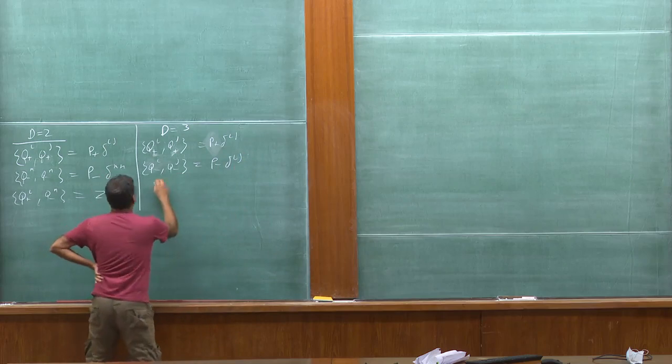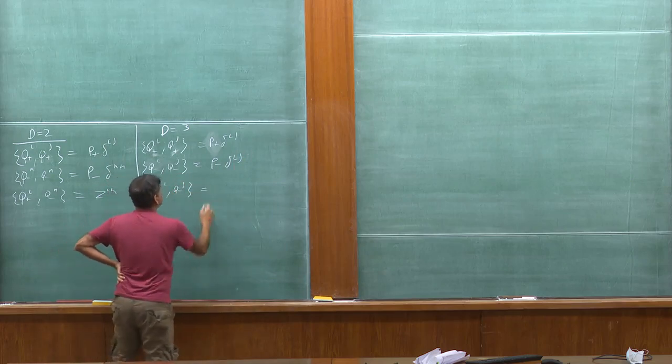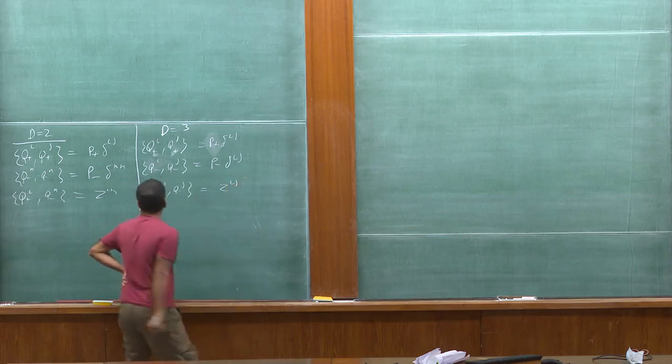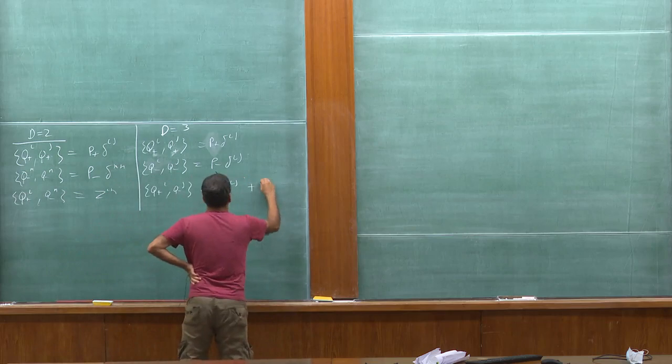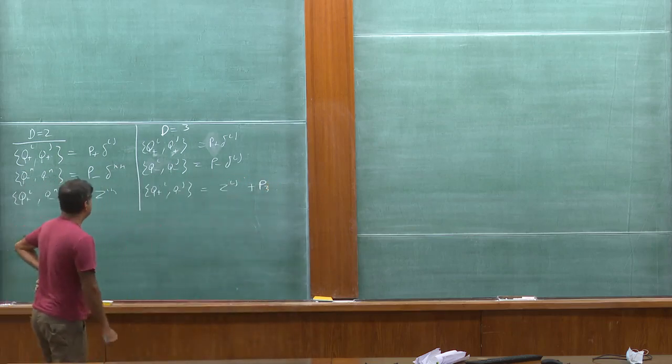And was it Q plus I, Q minus J is equal to Z ij? And there was a P3 here, right? Plus P3 minus delta ij.